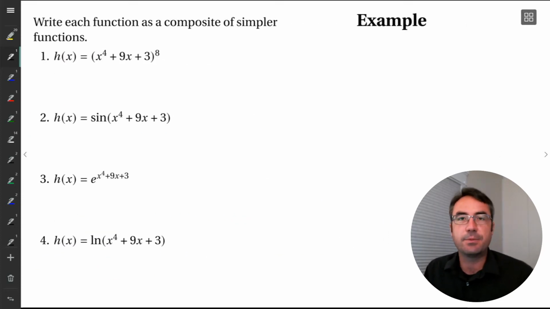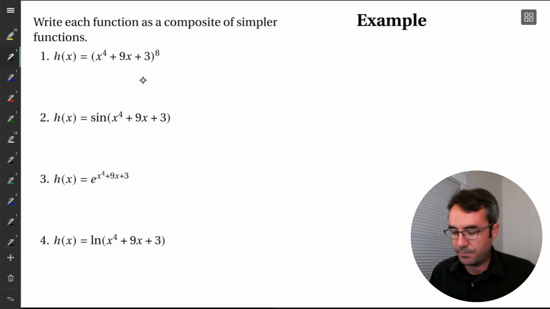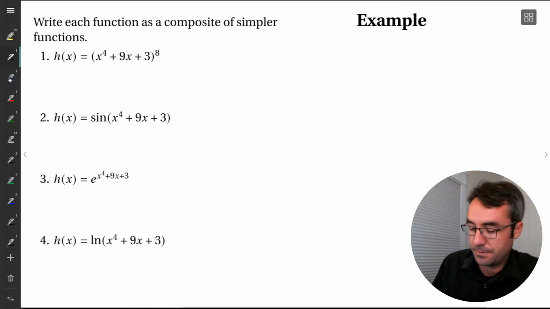Now in the next example, we're given 4 different functions, and we want to break these functions apart and identify what the composite pieces are. So we want to write each of these functions as a composition of 2 simpler functions. So we want to identify the inner function and the outer function.